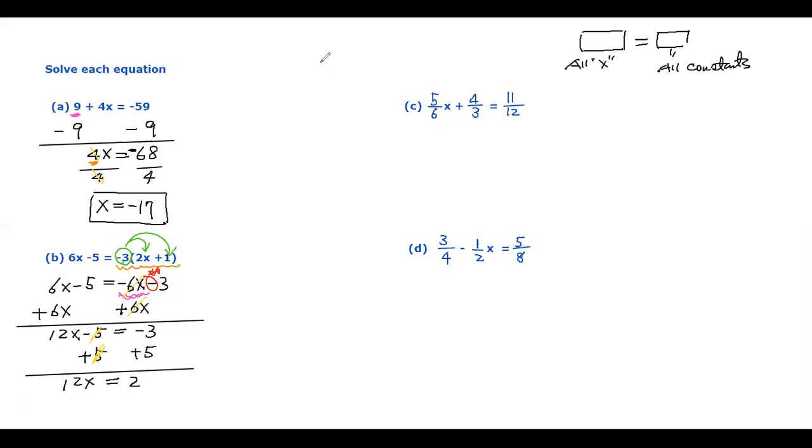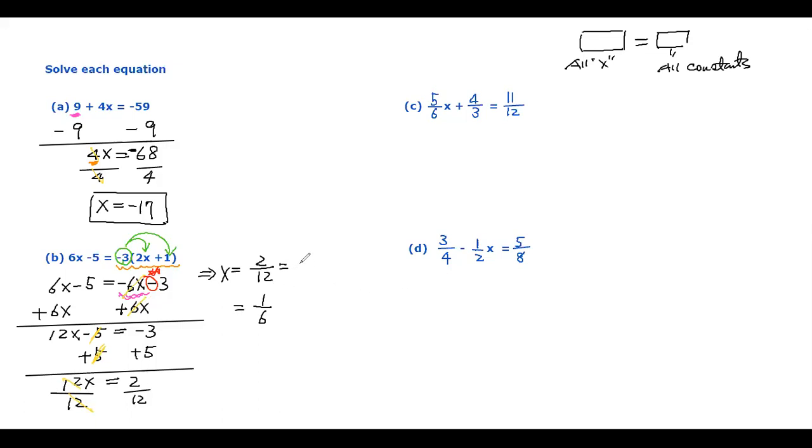Is 2, right? Okay, so now in order to get an x, what I need to do is divide by 12, right? Okay, so now the 12s cancel. So what I have here is x equal to 2/12.